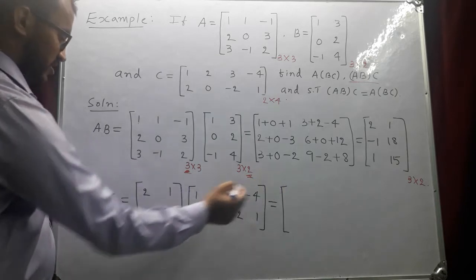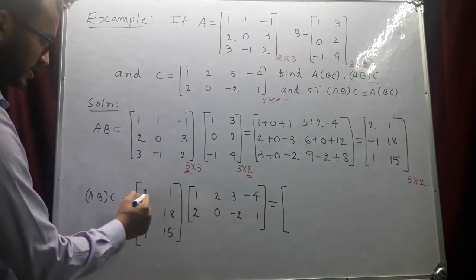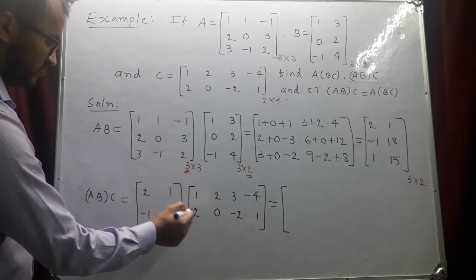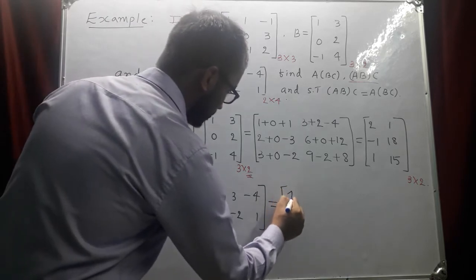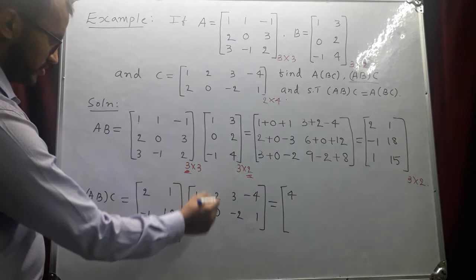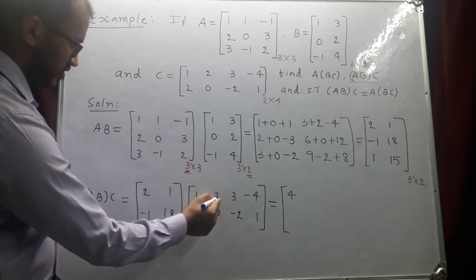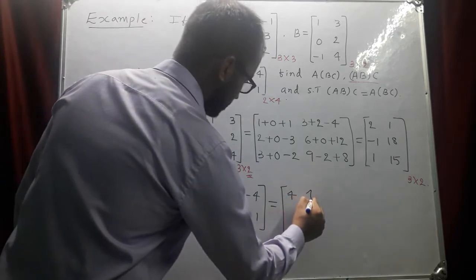So what will we get? First element: we have to multiply the first row with the first column, that is 2 into 1 plus 1 into 2. So that is 2 plus 2, which becomes 4. Next element, first row, second column: 2 into 2 plus 1 into 0, that is 4.